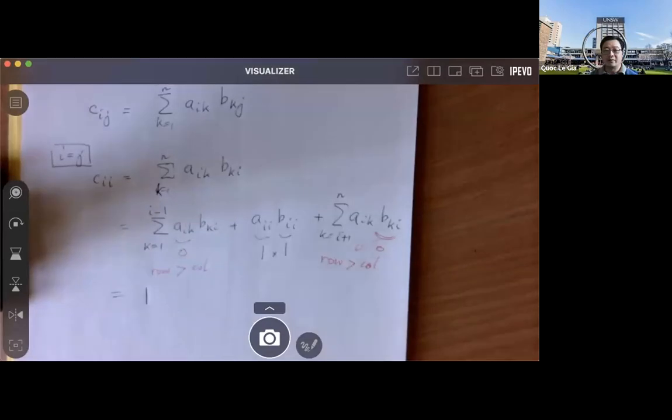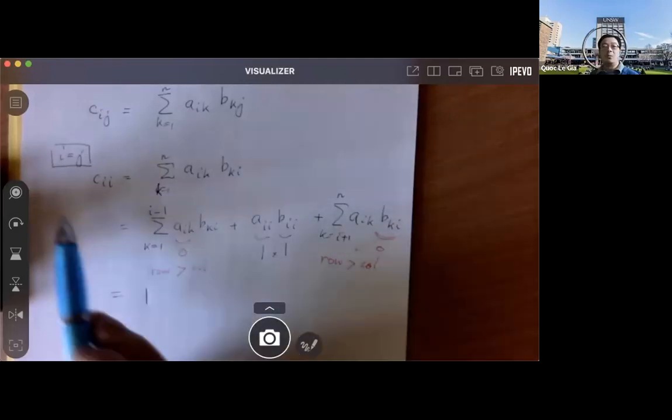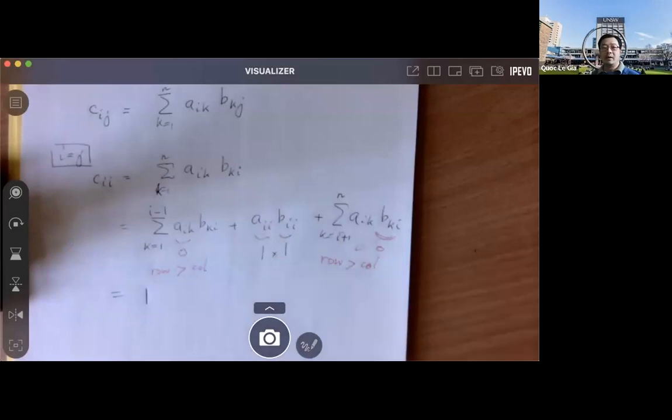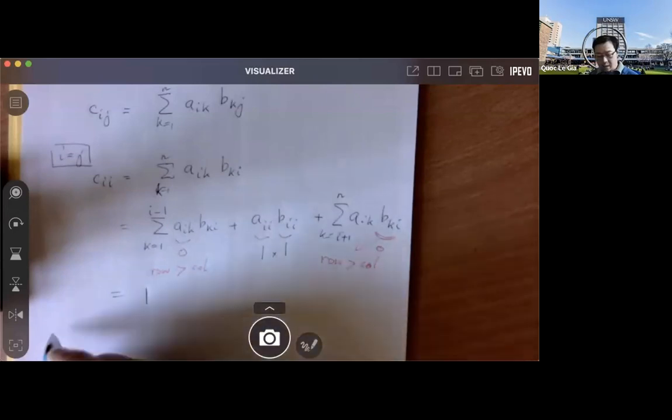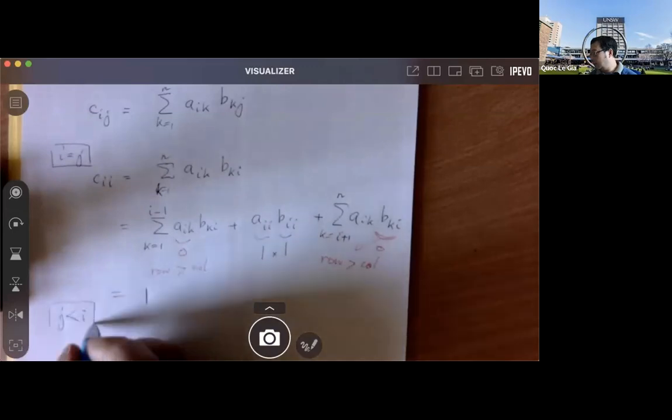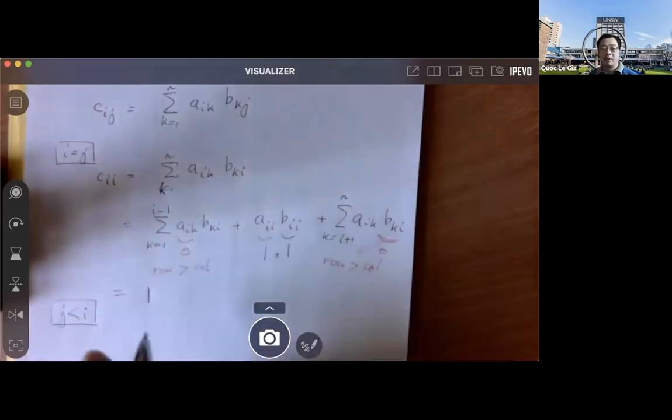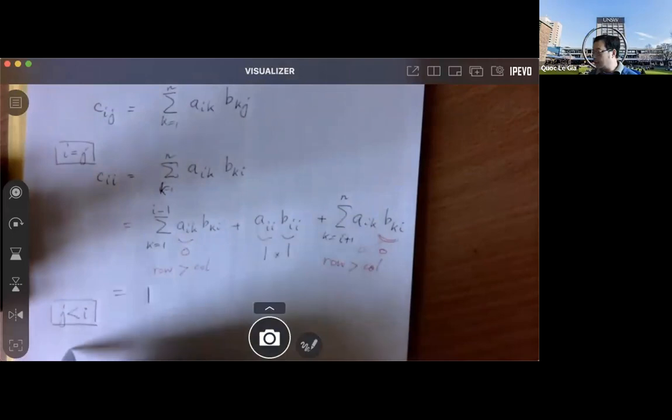So anyway, go back to the problem. If I equal J, then we finish, I mean, the diagonal entries are 1. Now we need to show the off diagonal entries are 0. So now let's consider the case J less than I. What is the formula?